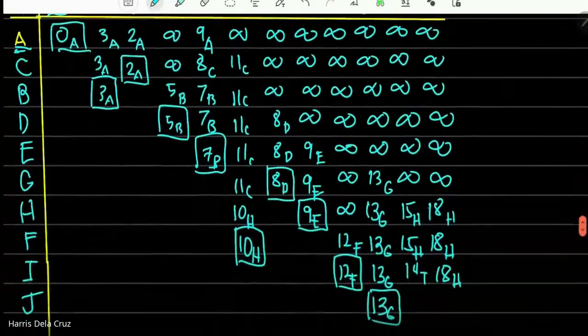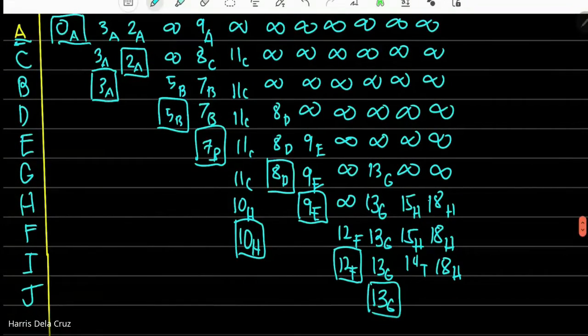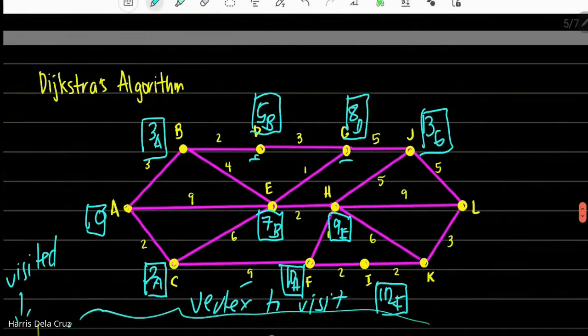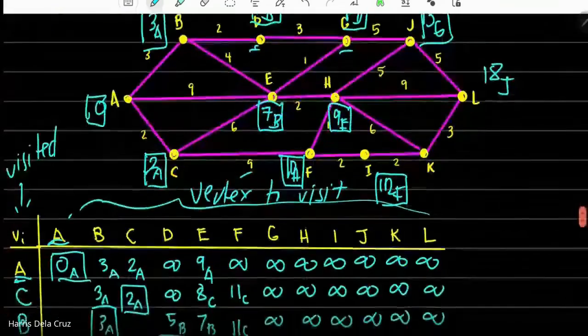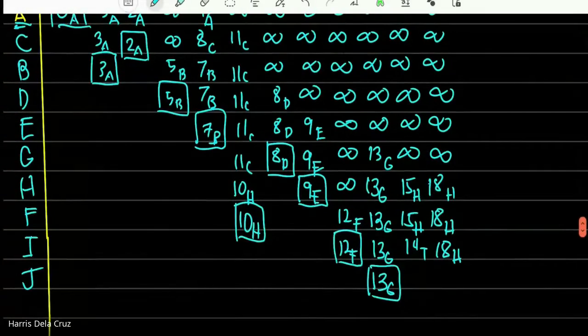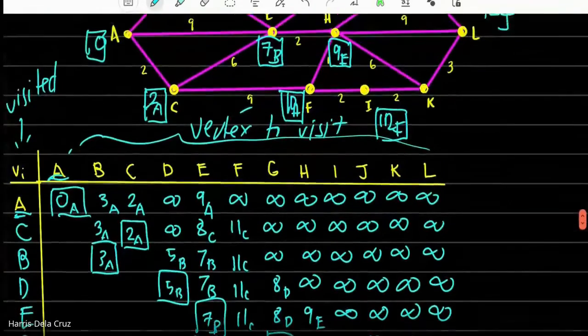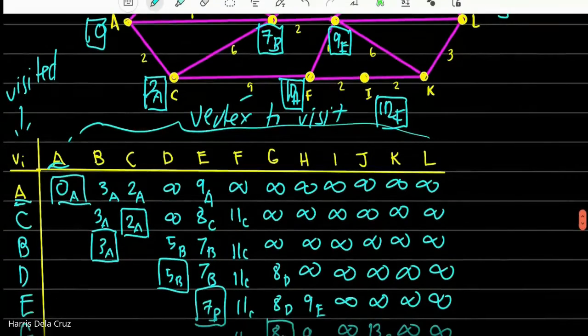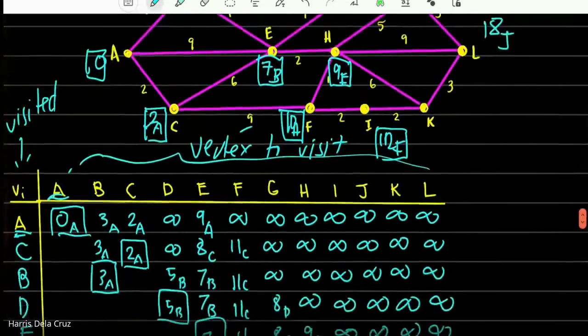Next. From 13G, which is J, punta tayo sa mga reachable. Ang reachable lang yung L. 13 plus 5, 18 from J. So, magkaka-18 doon. Tama? 18J.